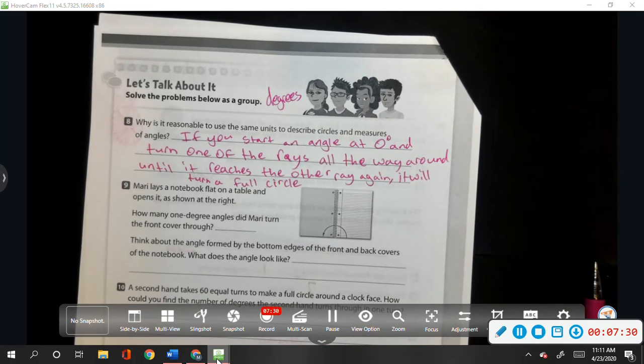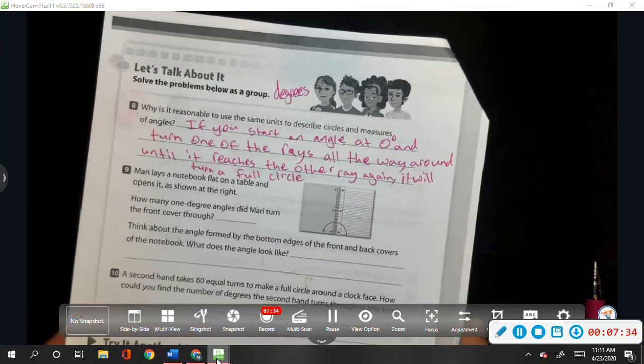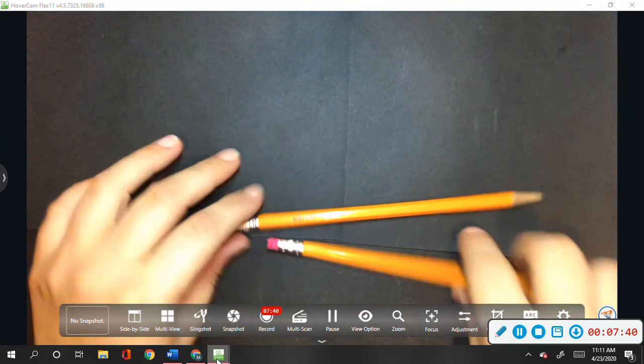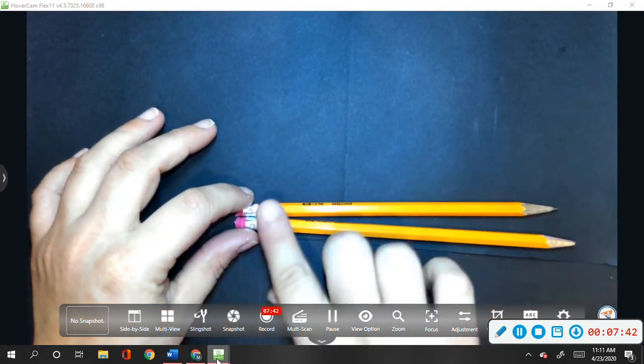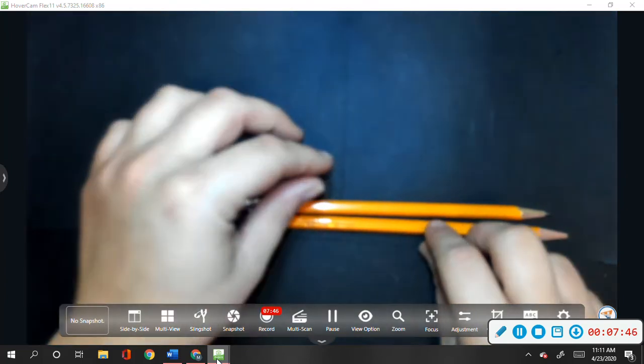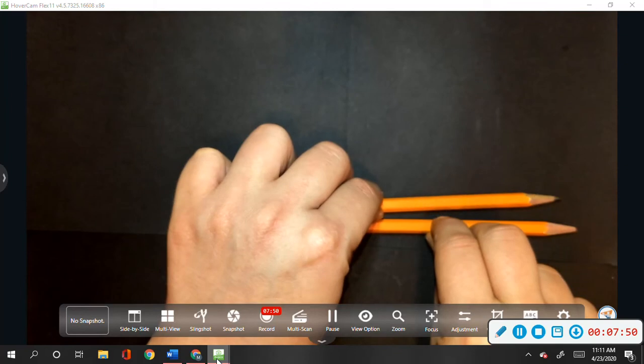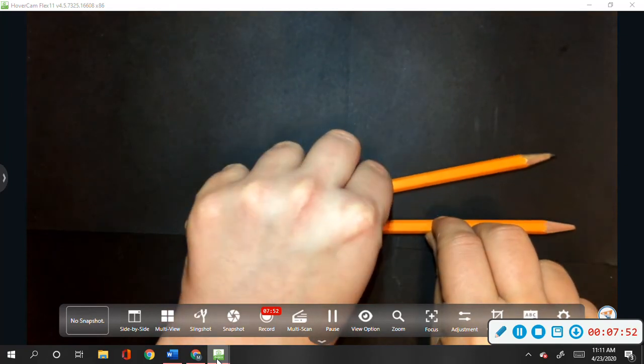Remember back to our pencil exercise that we did yesterday. If we had 2 pencils laying flat against each other, imagine these are our 2 rays that are going to form our angle. Alright, we already know that an angle moves 1 degree. 1, 2, 3, so on and so forth.